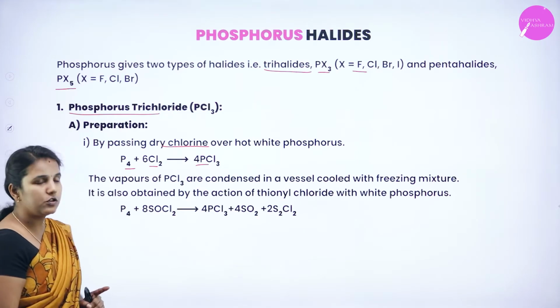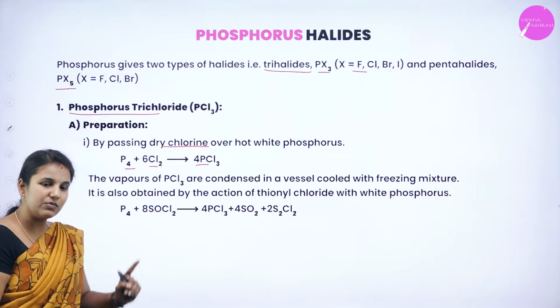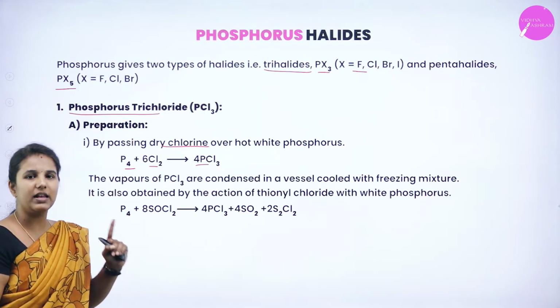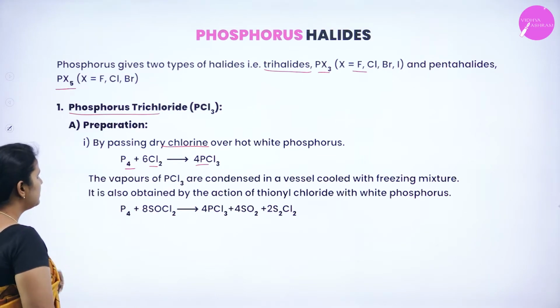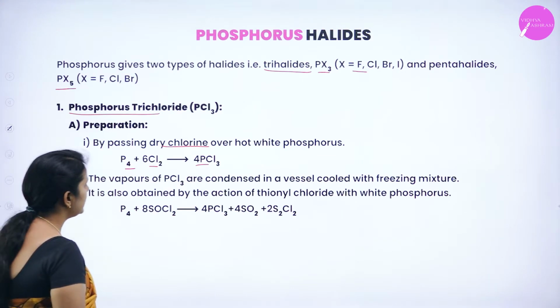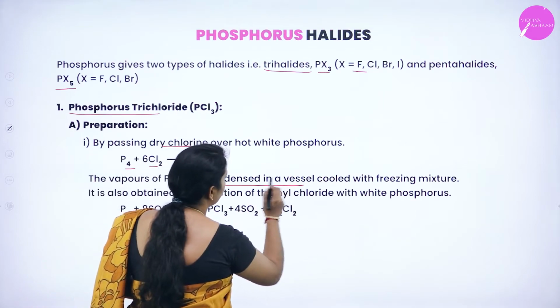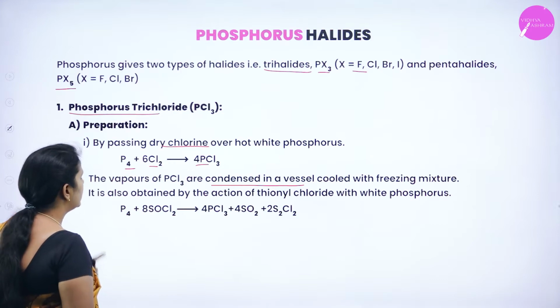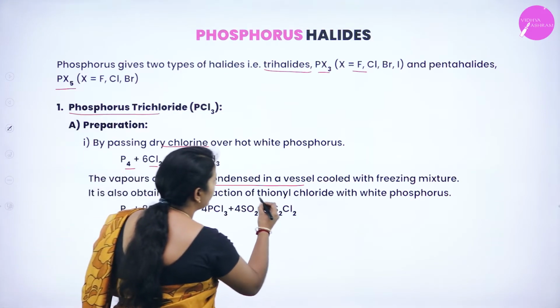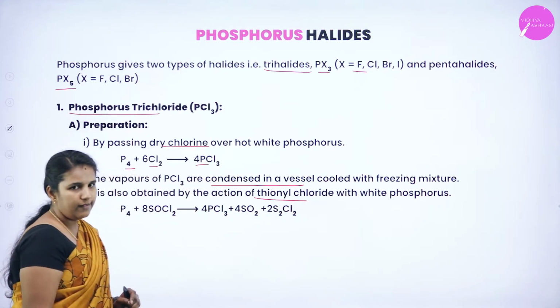The name itself shows that it's a phosphorus halide, in the sense that phosphorus is bonded with a halide. Here phosphorus is bonded with chlorine. Similarly, the vapors of PCl3 are condensed in a vessel cooled with a freezing mixture, and it is also obtained by the action of thionyl chloride with white phosphorus.